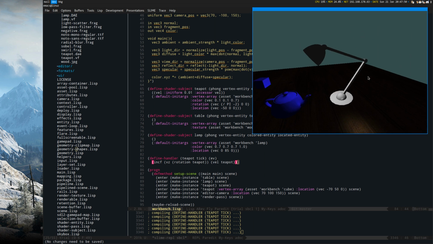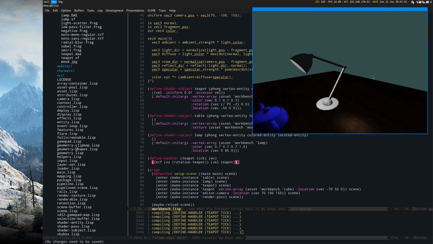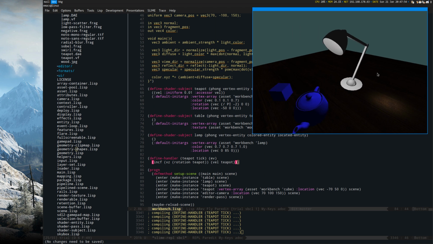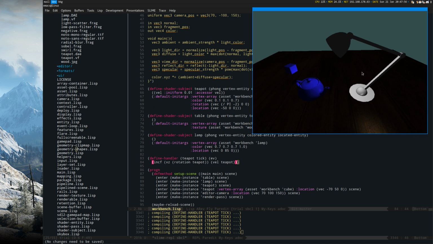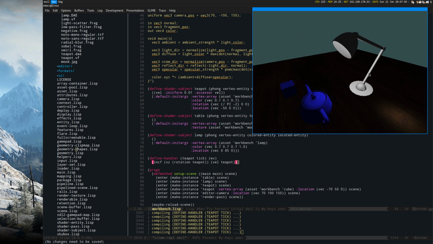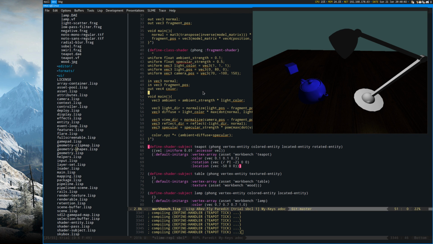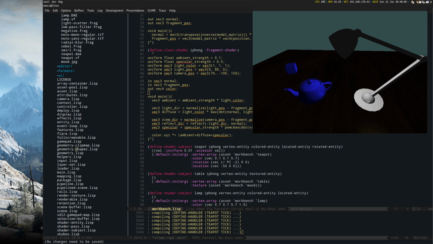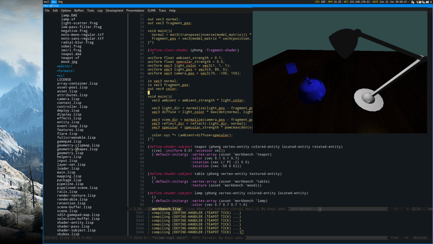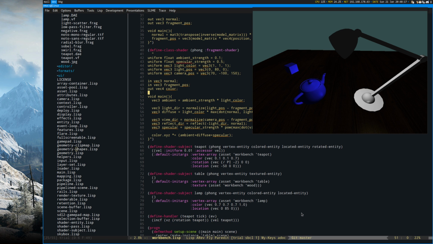All right. Here. All right. Next step is parametrizing all of this.